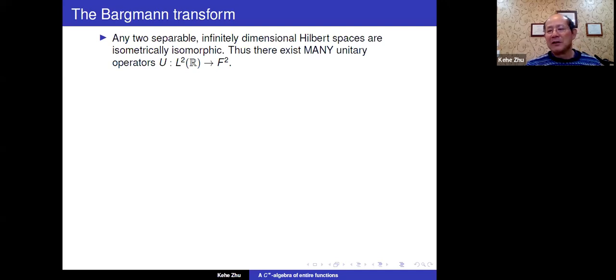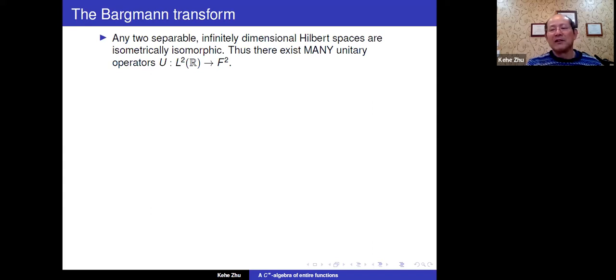But if you use an analytic function space like the Hardy space of the disk, then it's a lot easier to formulate invariant subspaces. And same with the Bergman space. Anyway, sometimes there are good reasons to choose one Hilbert space over another just because you have new tools to use.